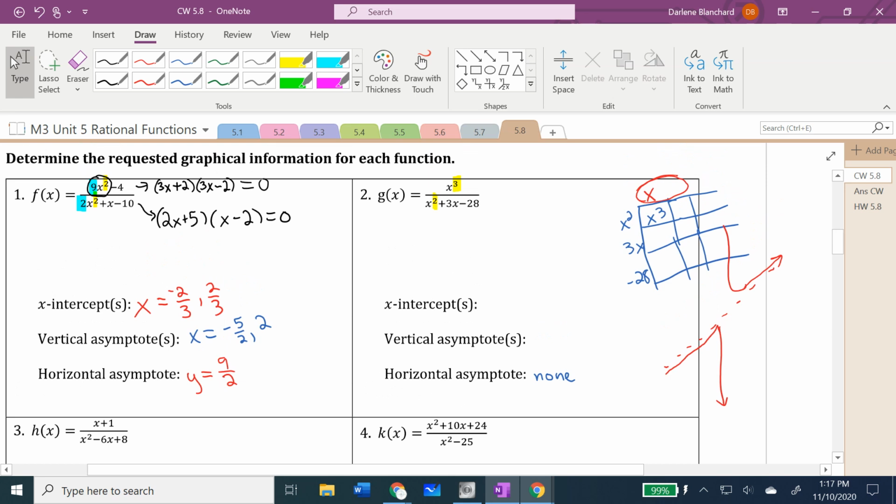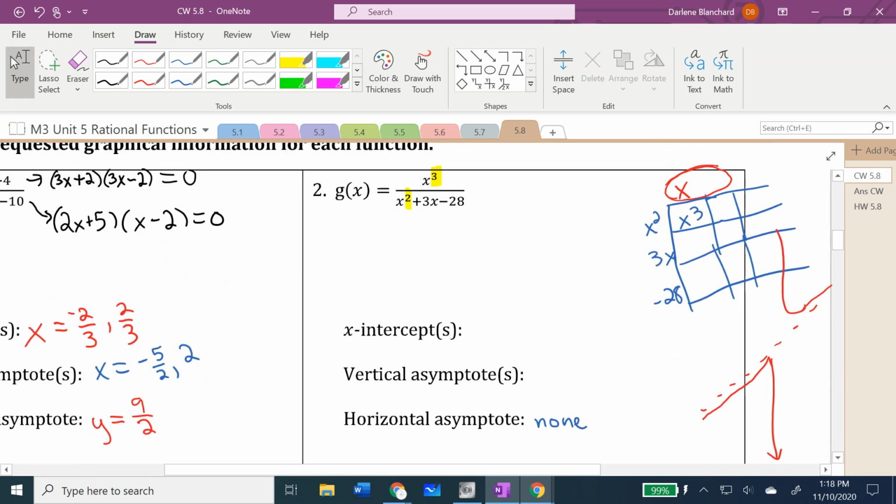Okay, so x-intercept. Yep, you can. You can get any degree polynomial as an asymptote. You just have to have that numerator polynomial much higher degree. Okay, does anyone see the x-intercept?